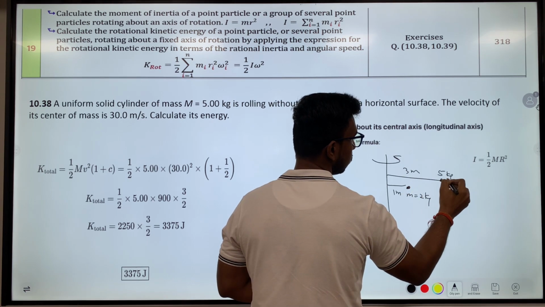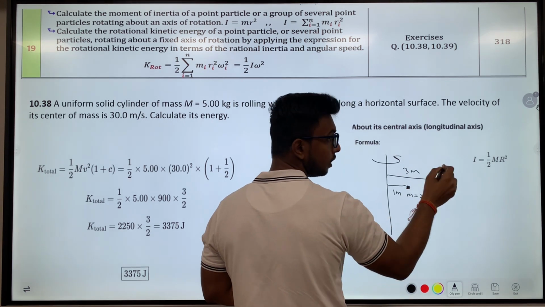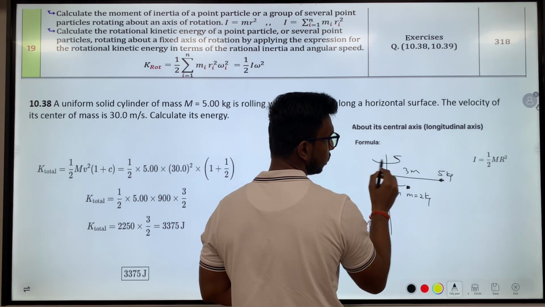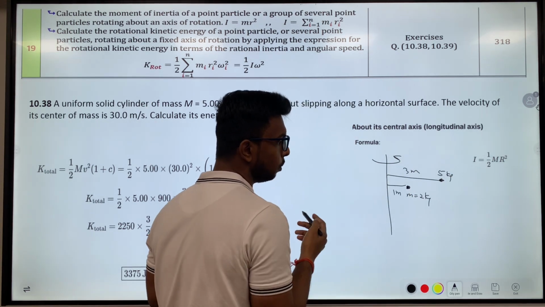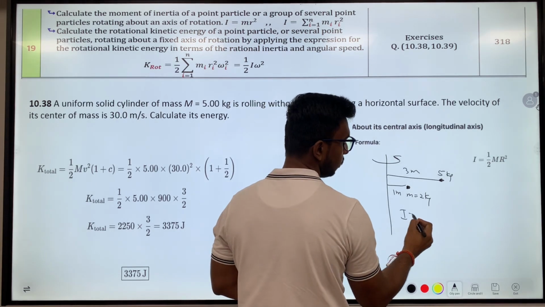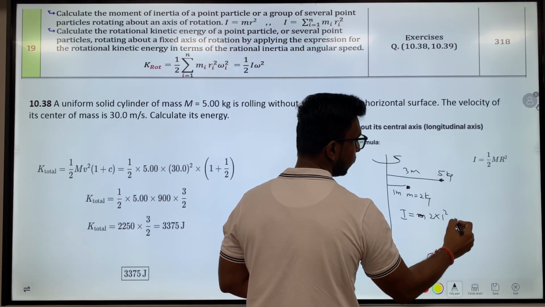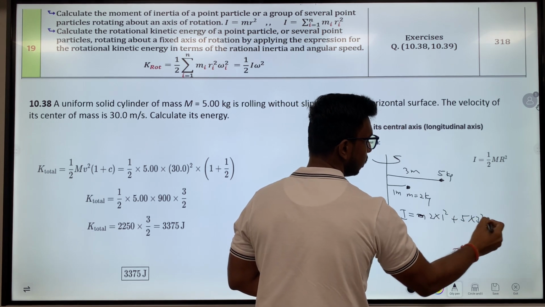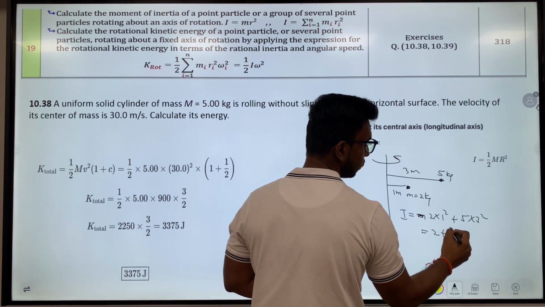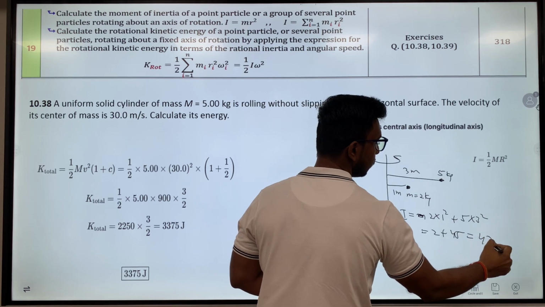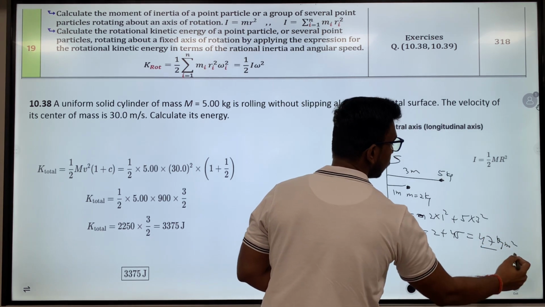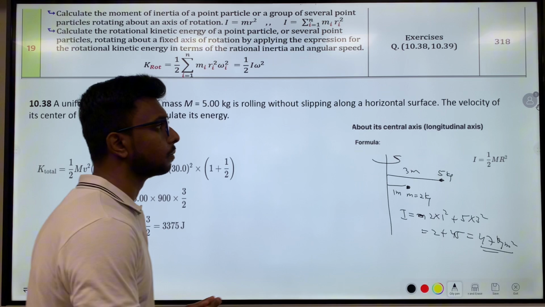You have to find out the moment of inertia of the system, as they are combined together and rotating. It is given by m, that is 2 times 1 square plus 5 times 3 square. This comes out to be 2 plus 45, which is 47 kilogram meter square. This is the moment of inertia.